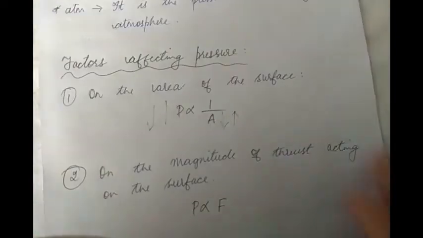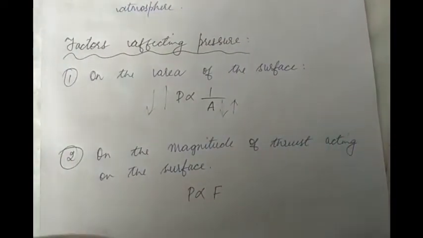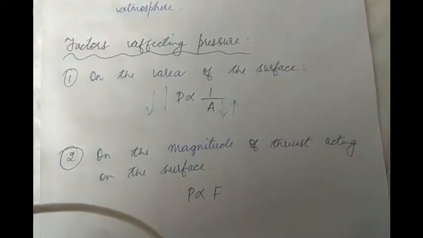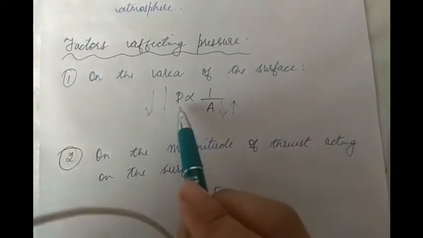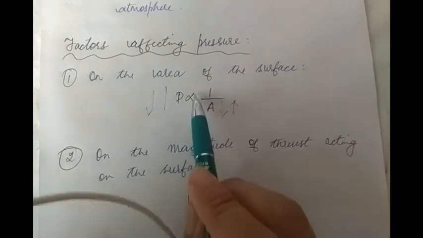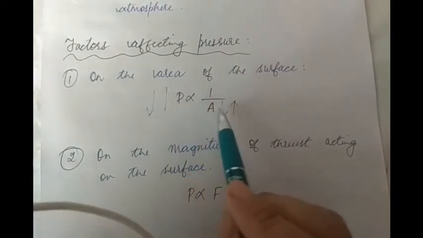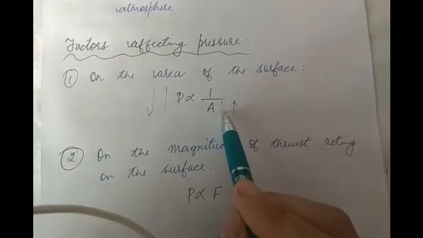So let us look at factor number 1. Factor number 1 is the area of the surface on which the thrust is acting. Mathematically we write pressure is proportional to 1 upon A, or we read this as pressure is inversely proportional to area. Now what does it mean?